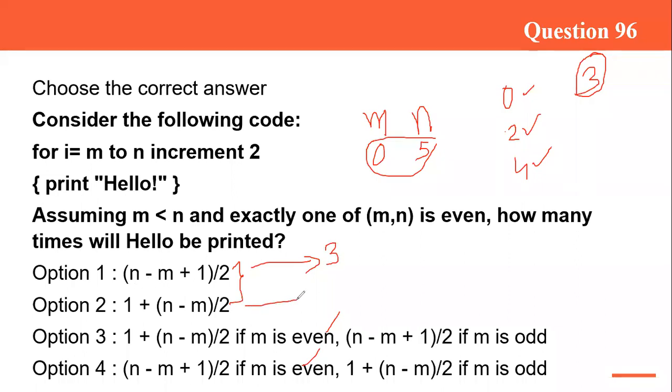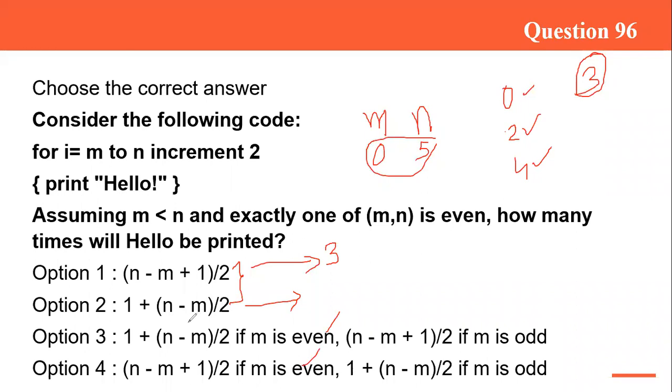Okay, what are you getting for the second one? First one we got 3. That's perfect, because 5 minus 0 is 5, 5 plus 1 is 6, 6 by 2 is 3. Perfect. What are you getting for the second one? I think we are getting some fractional result, if I am not wrong. 1 plus n minus m.